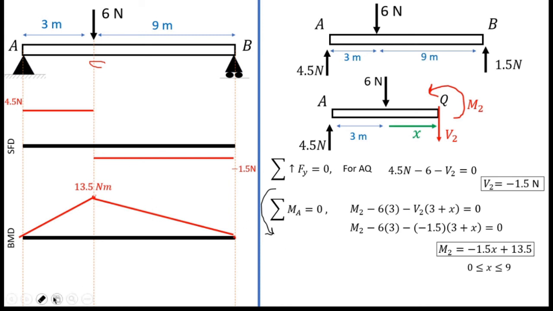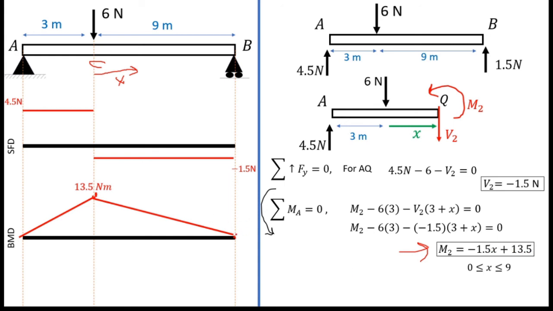If you want to check the values, you can input values. As I told you before, I marked x from here. If you want to find the value at this point, you can substitute x equals 0 into this function. If you input x equals 0, you can see M2 equals 13.5.